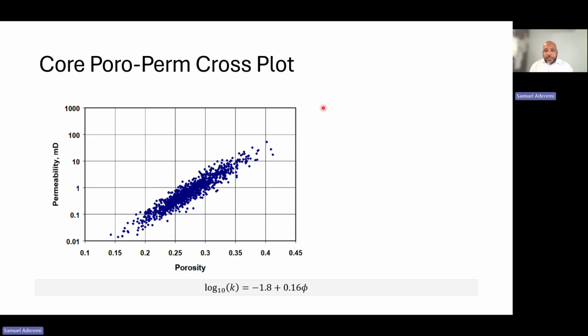And as you expect, we see a clear positive trend in these plots. As porosity increases, permeability also increases. So the way to look at it is that rocks with more pore space typically have better pore connectivity, especially if you are looking at a sandstone system, which will allow fluids to move more freely.